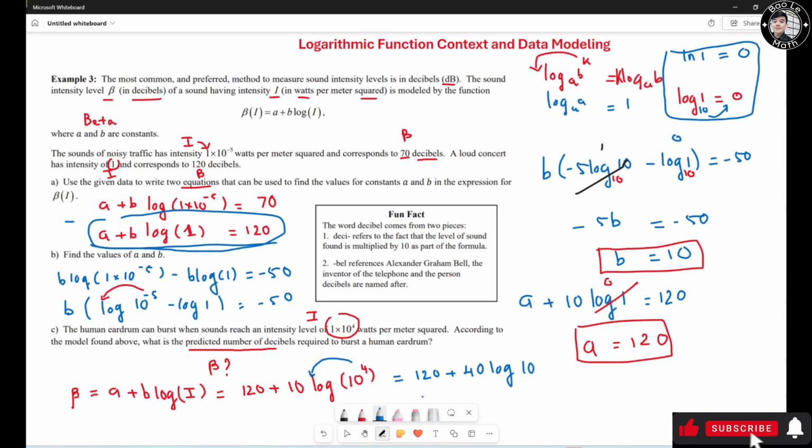Now log 10 means 1, because the base right here is 10. So we're going to use the formula right here. So this guy equals 1. So it's going to be 120 plus 40, and it's going to be 160 decibels.